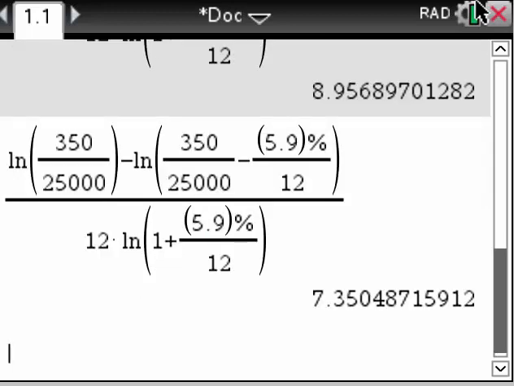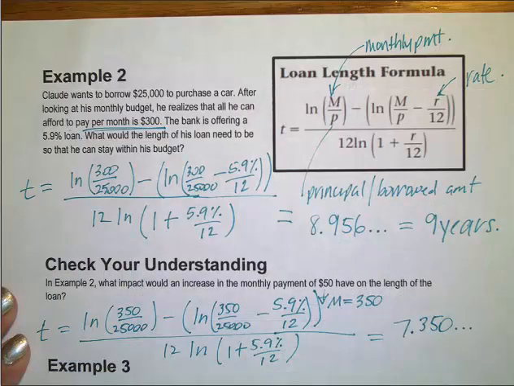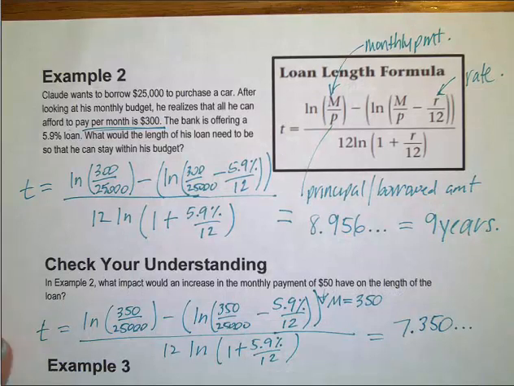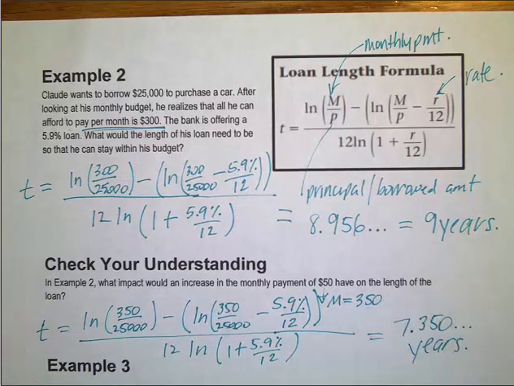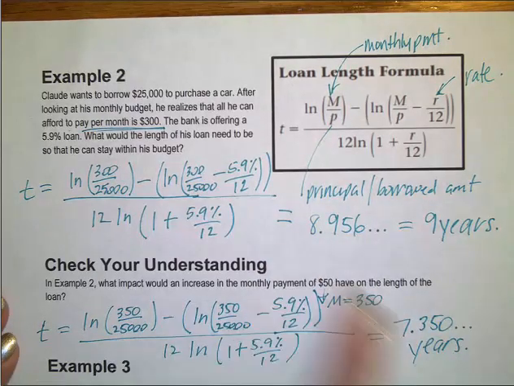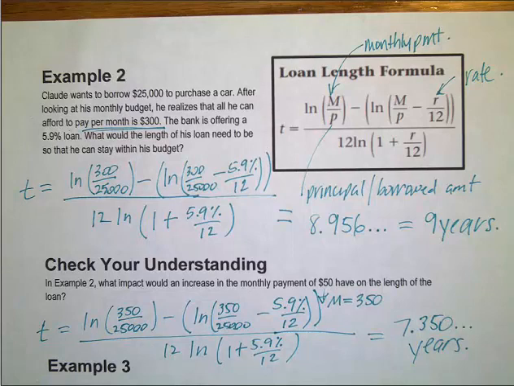So the difference is 7.350 years, which we're not going to round. So we went from 8.9 years to 7.3 years about. So that's a big difference in a $50 a month payment. Wow. So it depends on how bad you want that car, I guess.